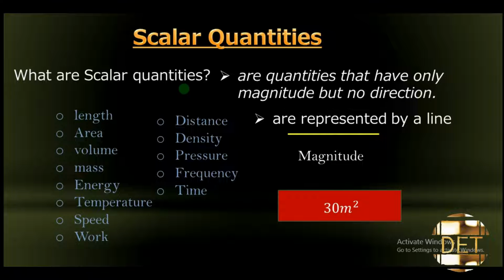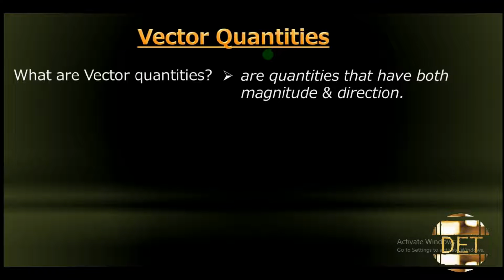So having known the meaning and examples of scalar quantities, let's dash to the meaning of vector quantities. Vector quantities are quantities that have both magnitude and direction. So the difference between the scalar quantities and the vector quantities is that vector quantities have direction while scalar quantities have no direction.